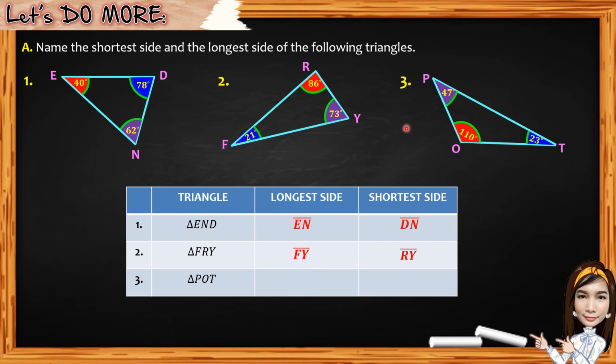Now on the third triangle, we have triangle POT. The longest side is line segment PT, which is opposite the largest angle, angle O, 110 degrees. And the shortest side is line segment PO, which is opposite the smallest angle, angle T, 23 degrees.